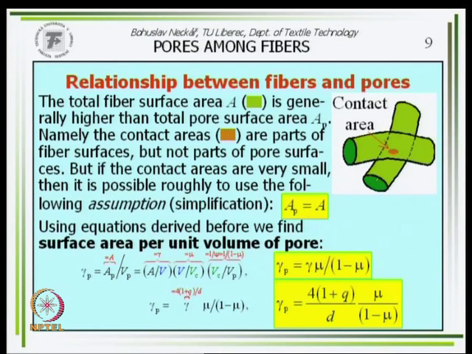We know the characteristics of fibers. We know fiber diameter because we know fiber fineness. We know fiber surface and so on. What is the relation between pores and fibers? Can we say something about the pores when we know enough quantities related to fibers? How is it?